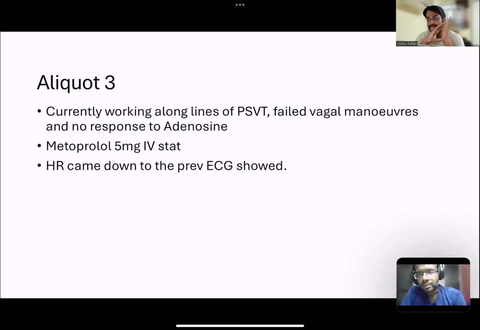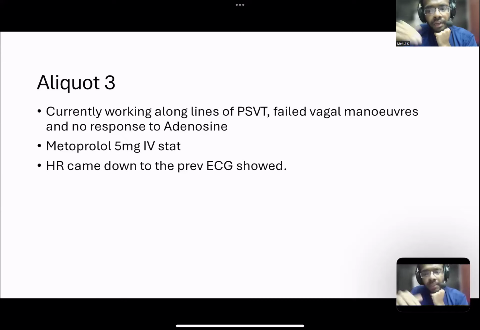It was like at 180 throughout till I gave metoprolol, and then it came down to 150 and it stayed at 150, not at all moving from there. Because that would favor some kind of tachyarrhythmia a little bit more rather than it being a sinus tachycardia. Sinus tachycardia will have some kind of variation up and down.